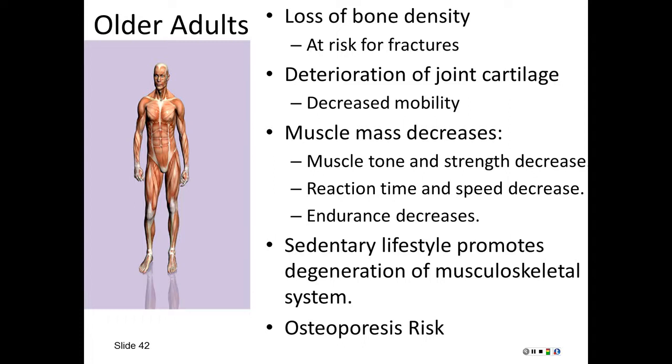Older adults have loss of bone density. They're at risk for fractures. And I'll give you a note about hips on older adults. Often when an older adult is walking down the hall or walking somewhere and they have a fracture of the hip, and this would be at the femoral head, they're going to fall.